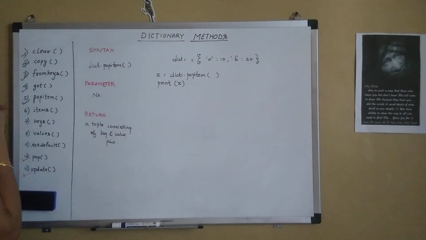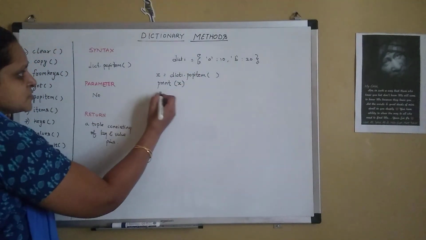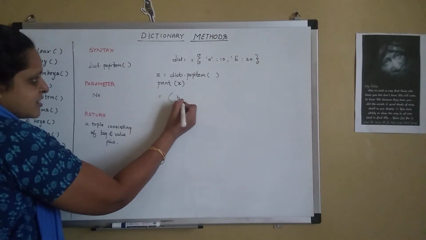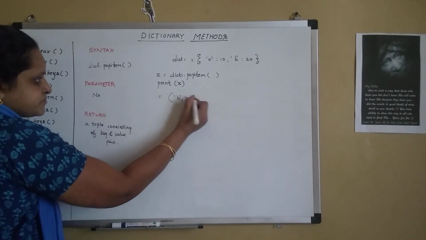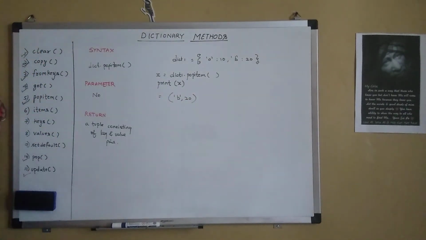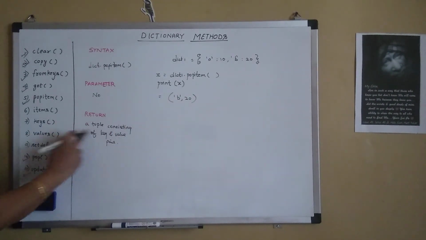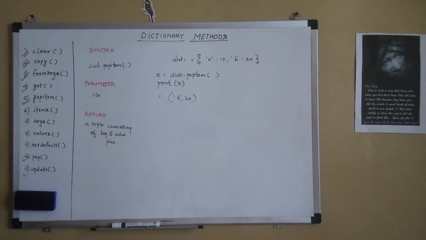In this case, it will return B, comma 20. So key is B and value is 20, and it is in tuple format. Hope, friends, it's clear for you.